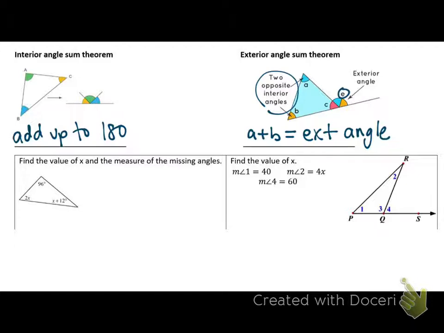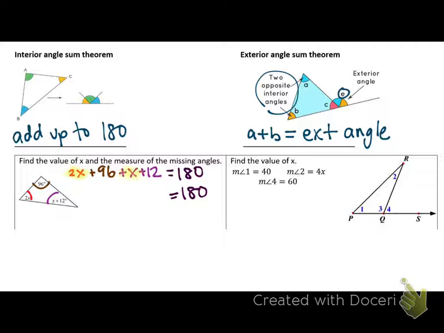So we'll use that below, find the value of x. I know this isn't printed, I did the best I could. But we're going to take each angle. So 2x plus 96, because each of these are on the inside, right? So they add up to 180, plus x plus 12 equals 180.